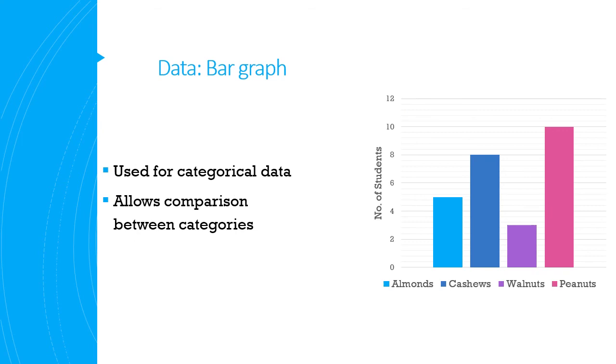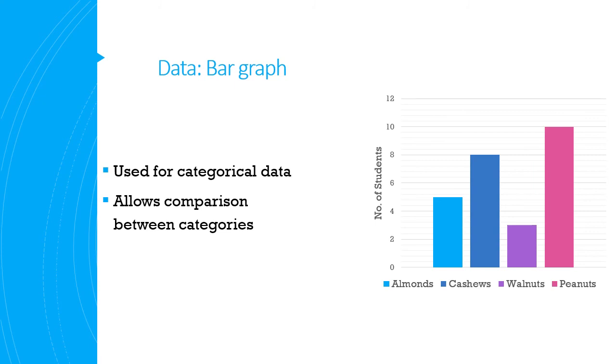So first, the humble bar graph. It's very simple. It is used to display categorical data, and it usually shows the number of items in each category. For instance, in this graph, we have 4 categories, and they're in no particular order because they're just categories.